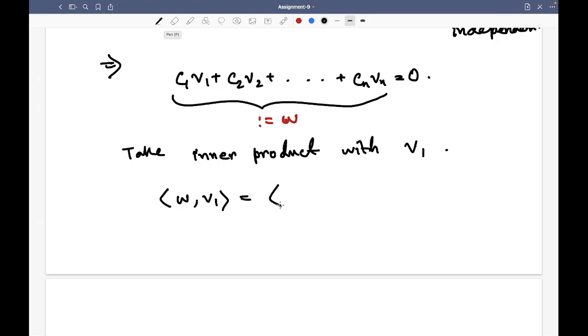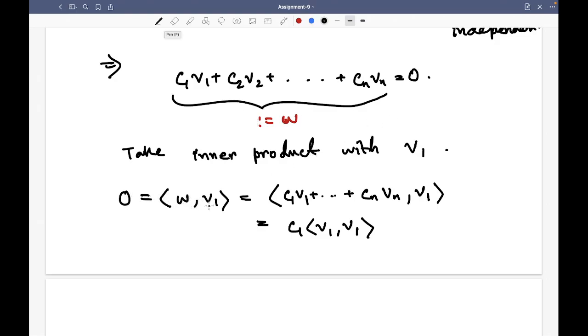W inner product with V1 means C1 V1 plus dot dot dot plus Cn Vn inner product with V1. As these are an orthogonal set of vectors, only the V1 term will survive. All the other inner products will be 0. So it will be only C1 times V1 inner product V1, right?